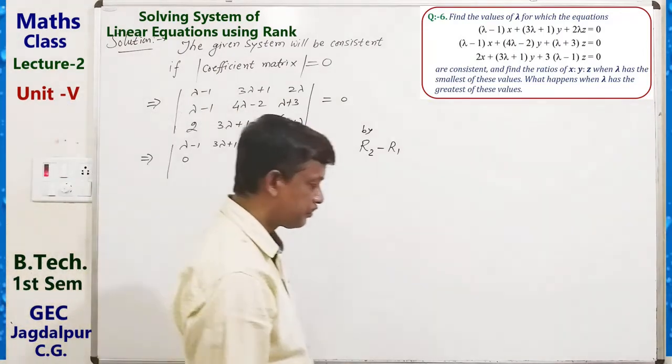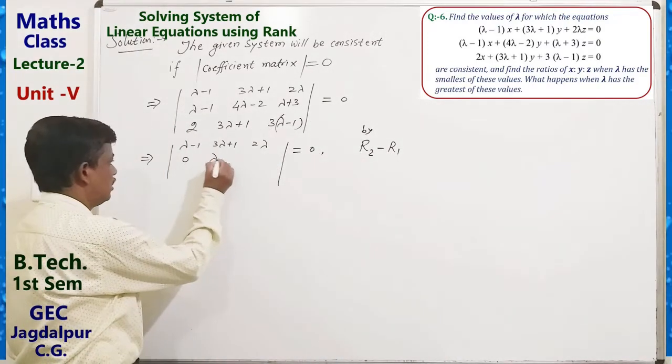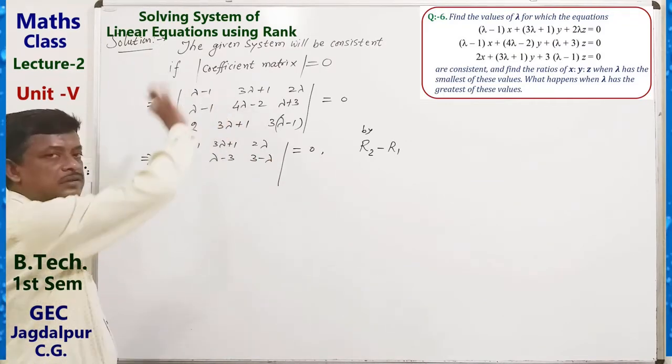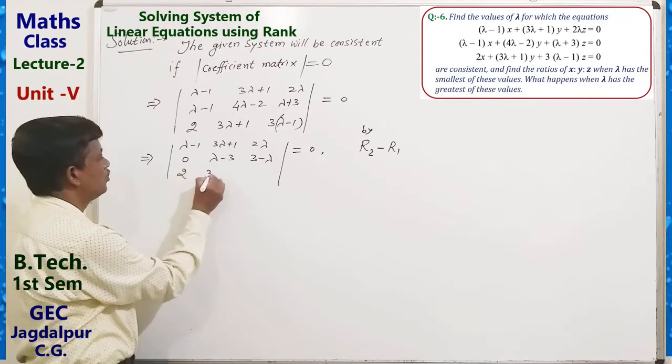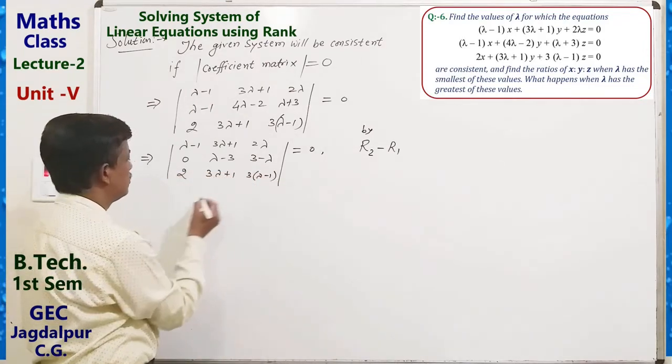So 0, lambda minus 3, 3 minus lambda, and 2, 3 lambda plus 1, 3 lambda minus 1.